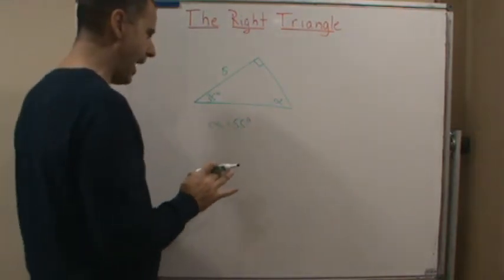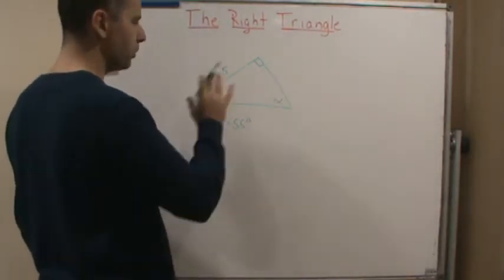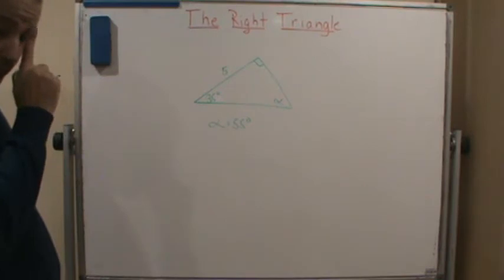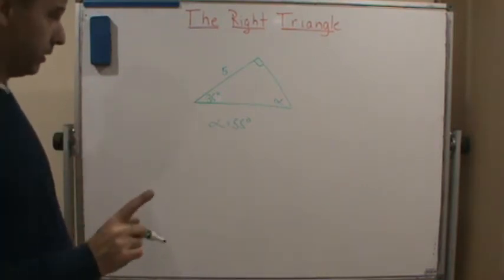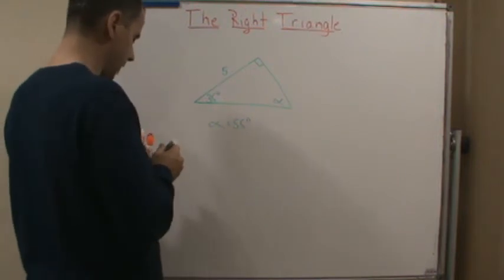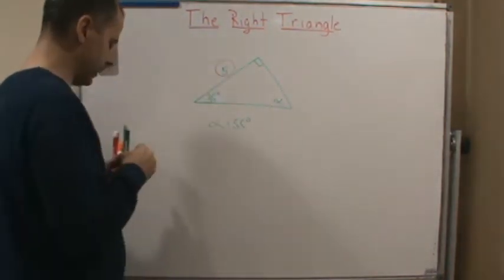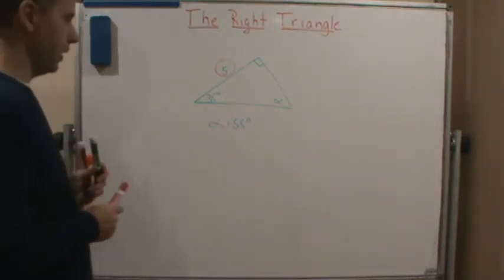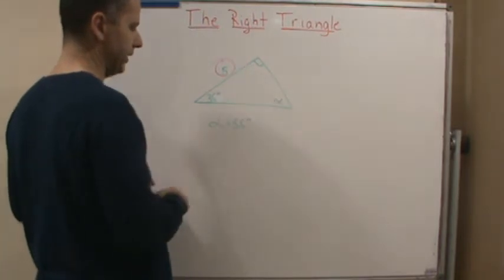Now we're going to use the fact that of all of the similar triangles to this one, there's only one triangle that has a side where the length is 5 between a 35 degree angle and a 90 degree angle.